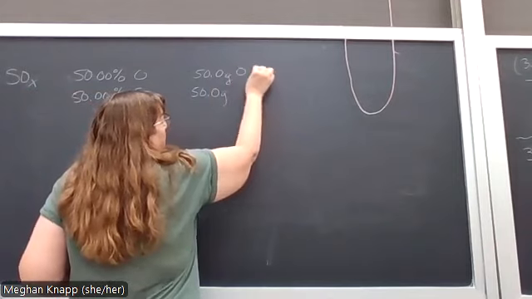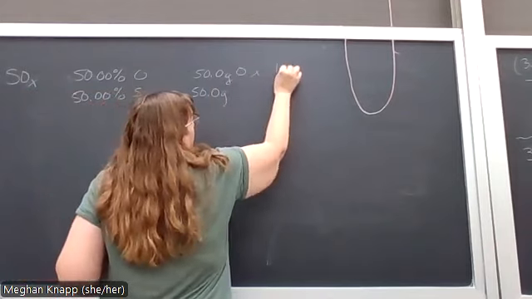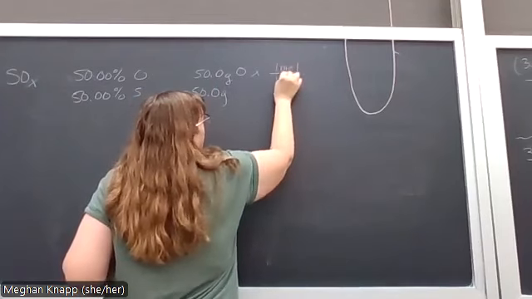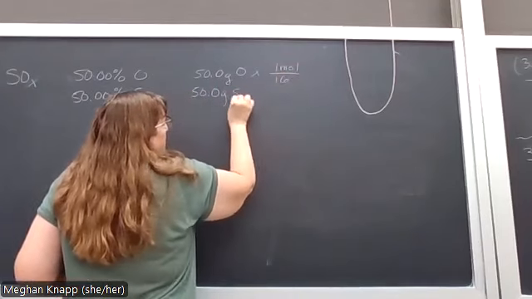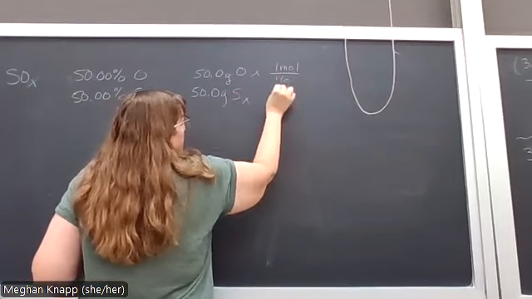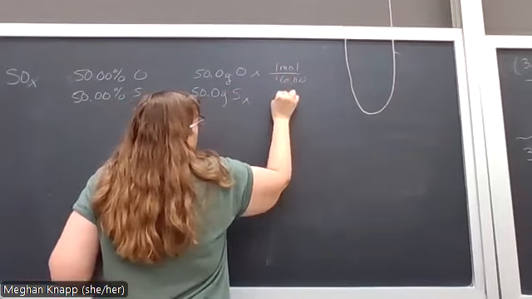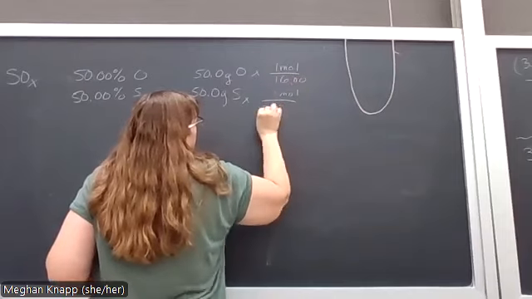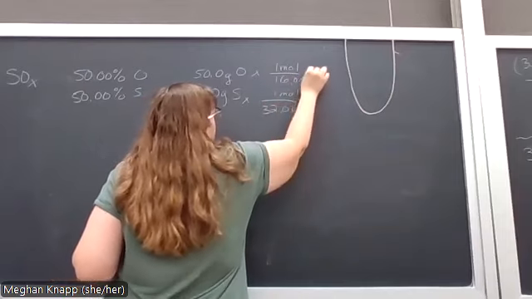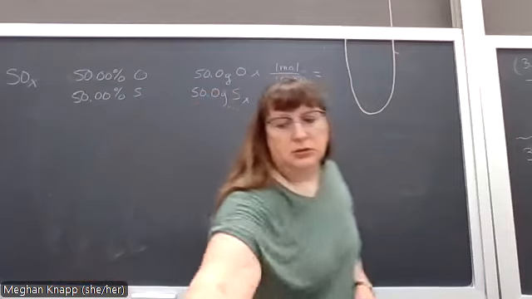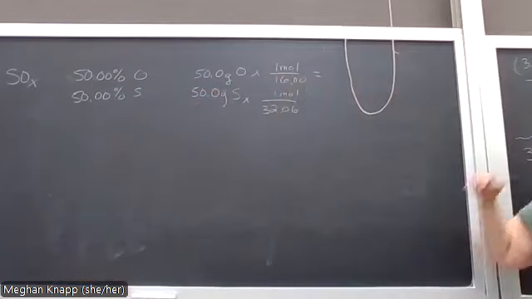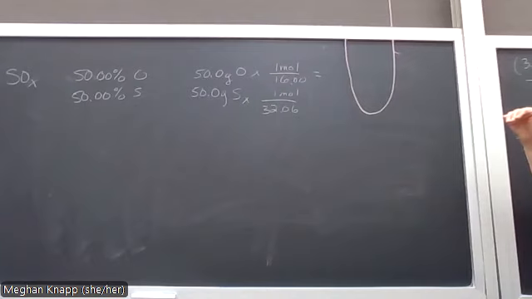So this is grams of oxygen. So we would say 1 mole divided by 16. This is grams of sulfur. So we would say 1 mole divided by 32.06. Okay, so you have to divide each part by the mass of that part, not by the mass of what you think the whole might be.